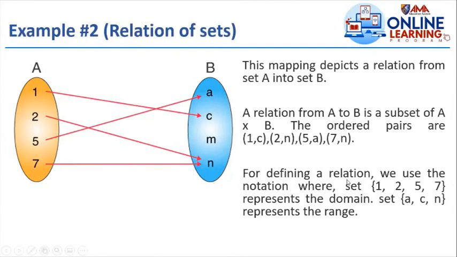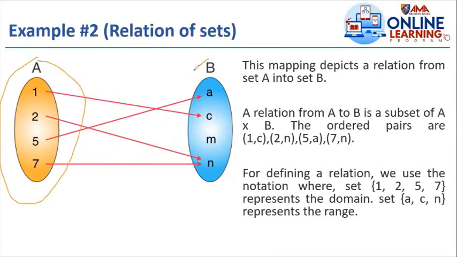And for defining a relation, we use the notation where set 1, 2, 5, 7 represents the domain set. This is our domain. All the elements in A are the domain.